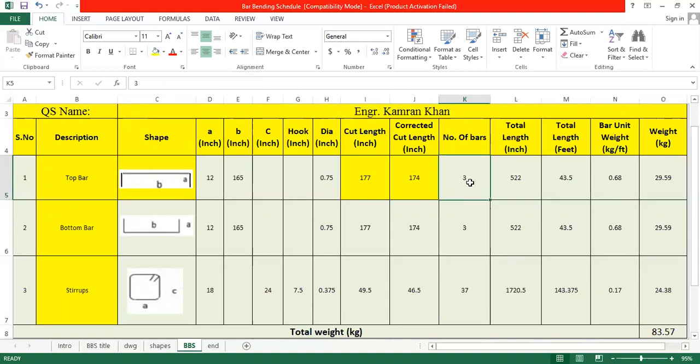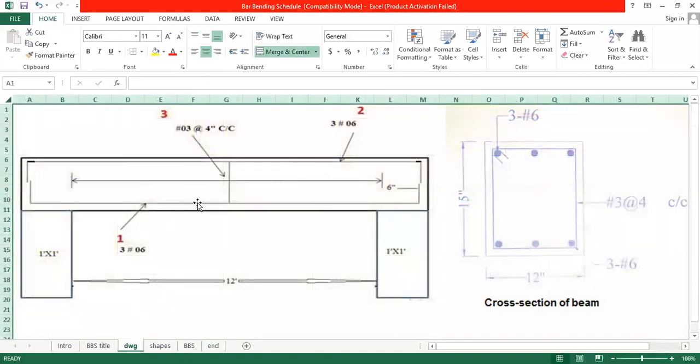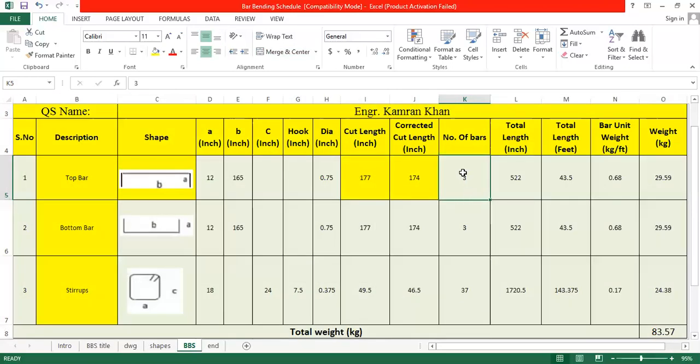The number of bars is again mentioned in the drawing: three number 6 bars are used in the top portion of the beam. So the number of bars is 3. Now the total length will be equal to the number of bars multiplied by the corrected length.